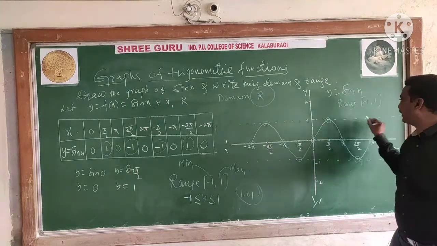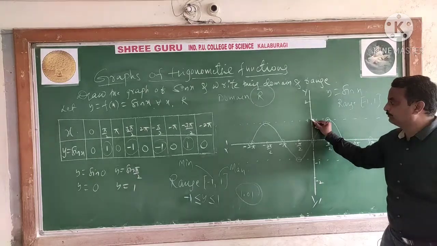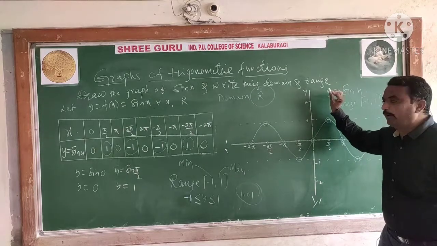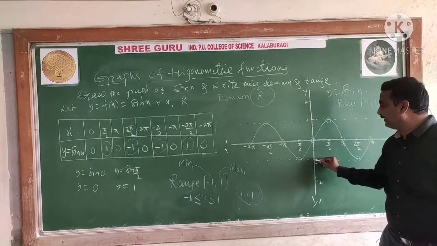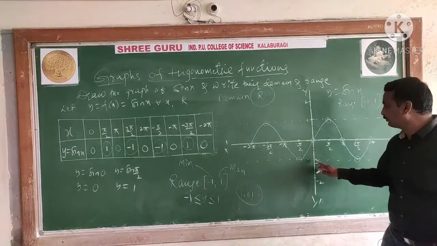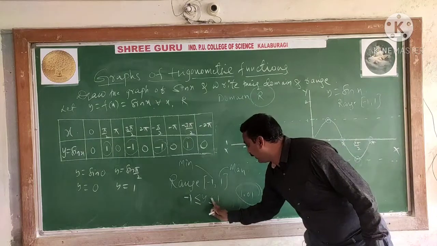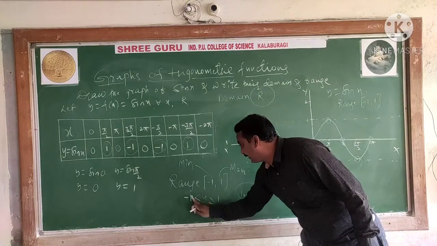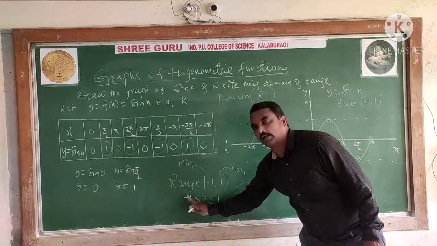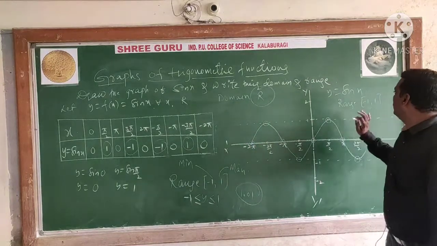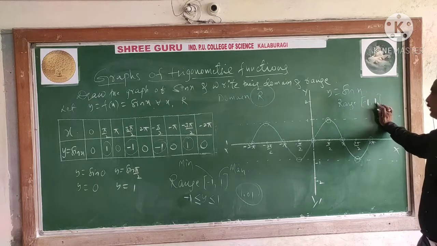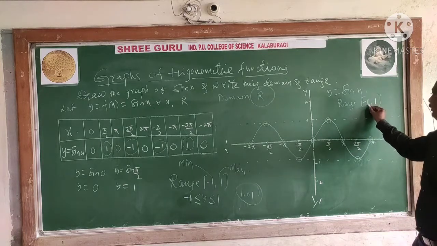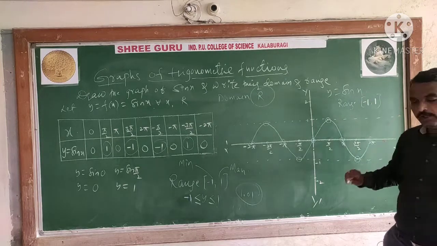It cannot take more than 1, not even 1.01 or 1.001. And it cannot go below minus 1. So y is less than or equal to 1 and greater than or equal to minus 1. Therefore minus 1 is the minimum value and plus 1 is the maximum value.